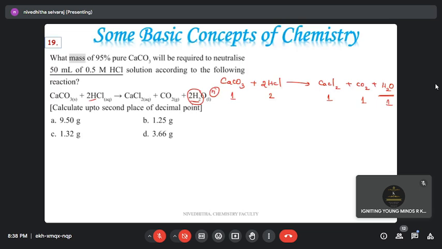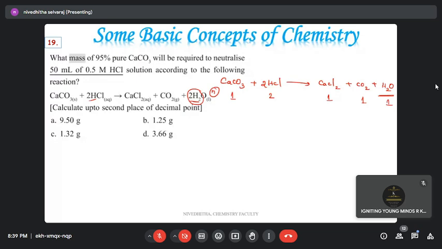Fine. So what was the quantity of hydrochloric acid taken? It is 50 ml of 0.5 molar HCl. See, they didn't give us the number of moles, but they have given the volume and the concentration. So from volume and concentration, we have to find the number of moles. So what is the formula? Concentration is equal to number of moles by volume. So we have to calculate the number of moles, and the concentration is 0.5.